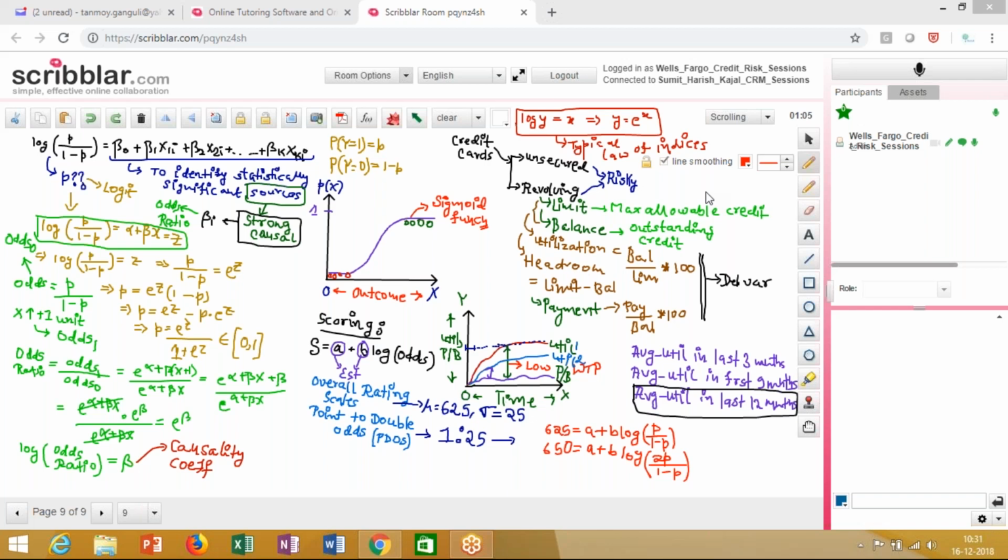Okay. So the next thing that we'll talk about over here is, now once you've developed your model, you have scored your model, you need to know how good is the model that you have developed. So we need to talk about the goodness of it.